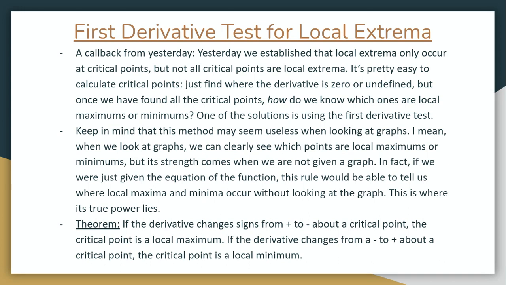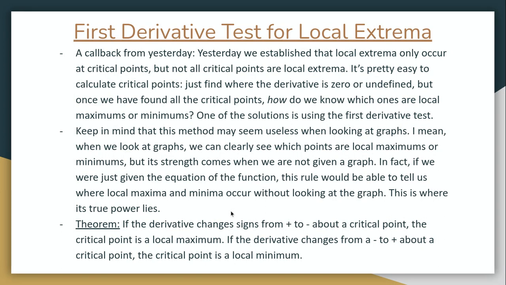We just find all the critical points and then look at what the derivative is like on either side of those critical points and see if there's a sign change. We can do that without looking at the graph, just using our function and our derivative function, which we can calculate just from having the function. All right. Any questions so far?